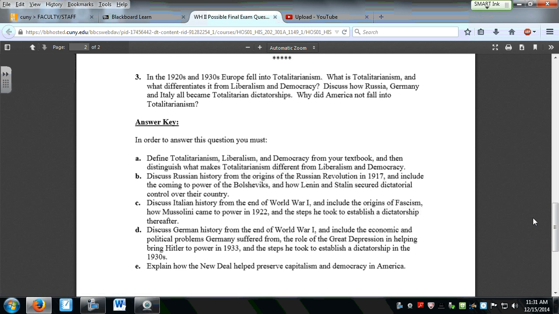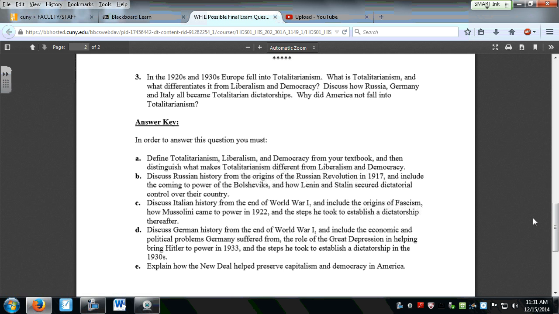The Russian Revolution broke out in 1917, which brought the Bolshevik Party to power. Why did the Russian Revolution break out? What was wrong in Russia at the time? Once the Bolshevik Party of Vladimir Lenin took power, how did Lenin and then Stalin establish full control over their country?